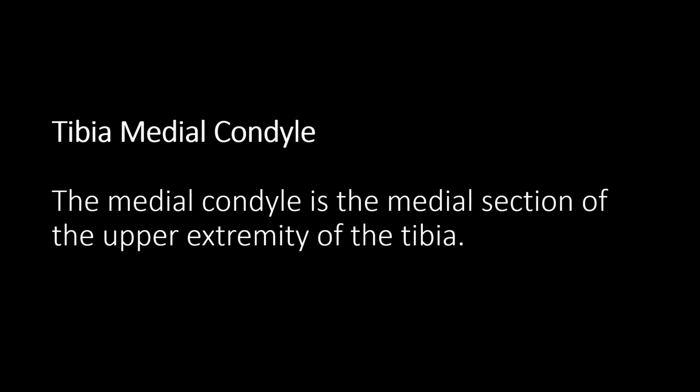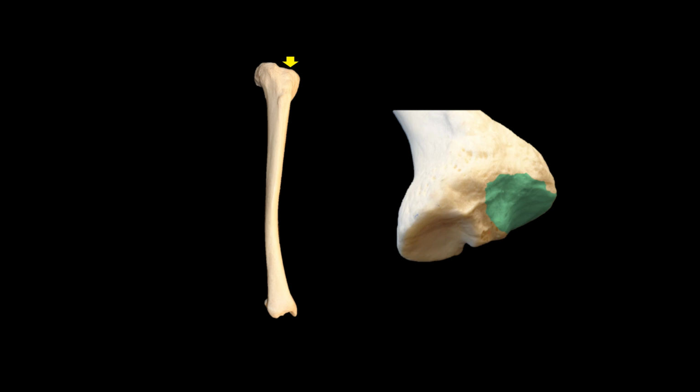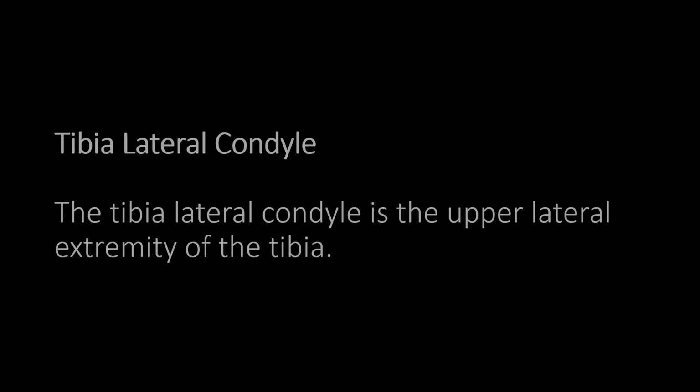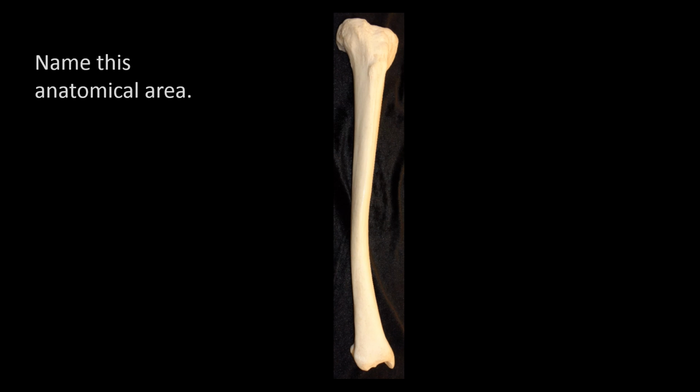The medial condyle is the medial section of the upper extremity of the tibia. Name this anatomical area. The tibia lateral condyle. The lateral condyle is the upper lateral extremity of the tibia. Name this anatomical area.